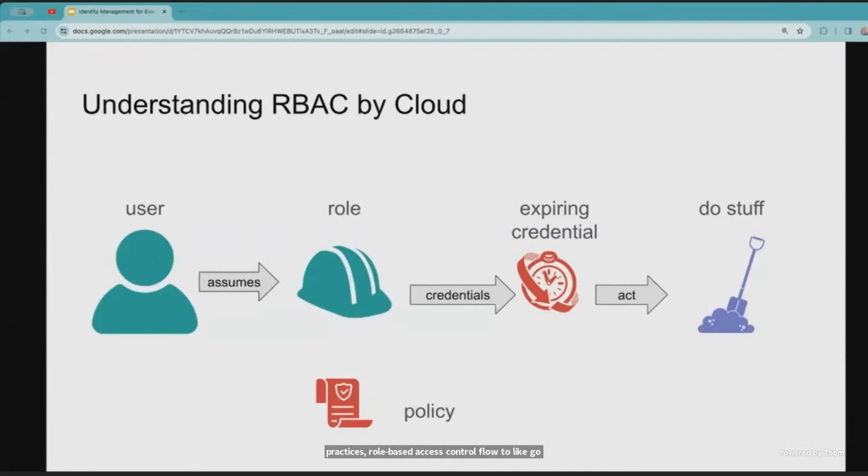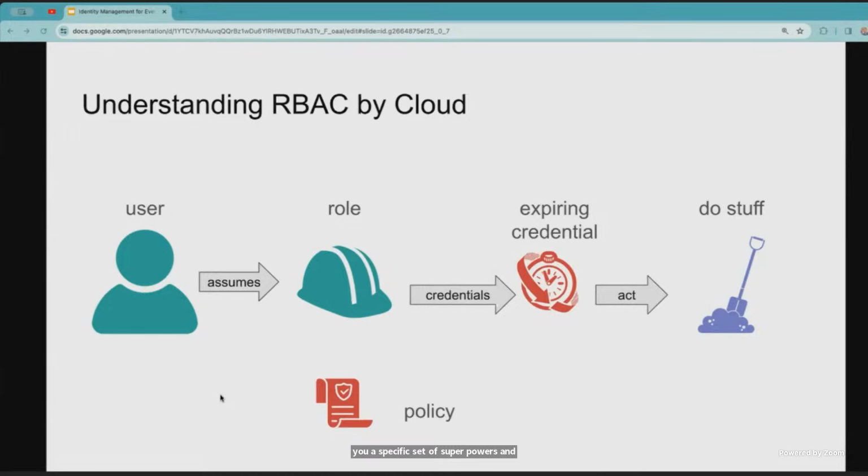So what we always have is a user that has some credential. Now this could be a long-lived credential, or it could be a time-based credential that expires after a period of time. That user uses that credential to assume a role, and all 3 clouds have this concept of roles in one form or another. We can think of the role as putting on a hard hat or a special piece of fashion that allows you a specific set of superpowers.